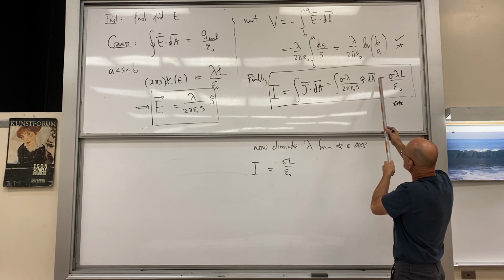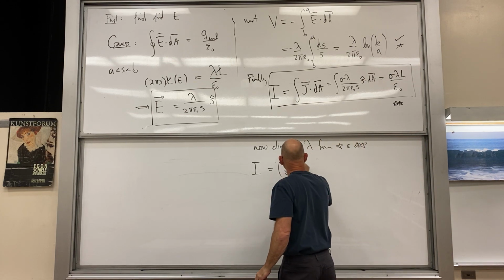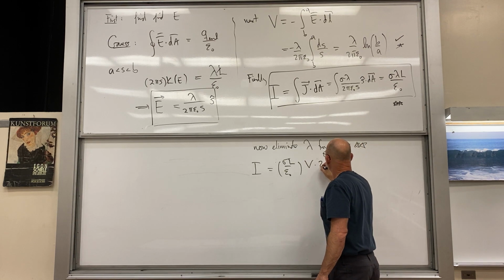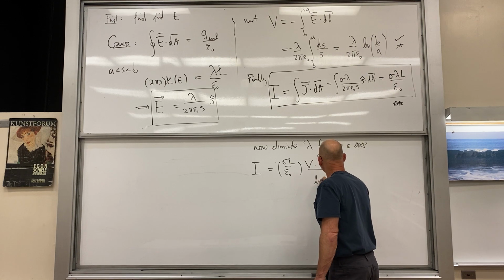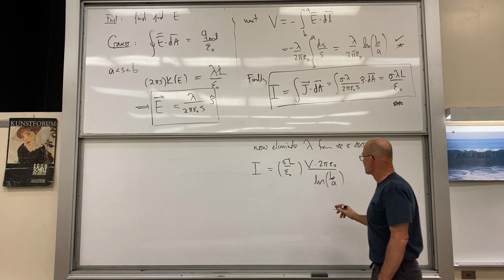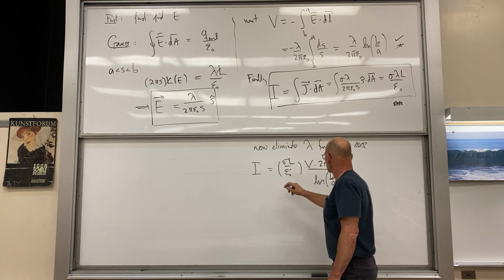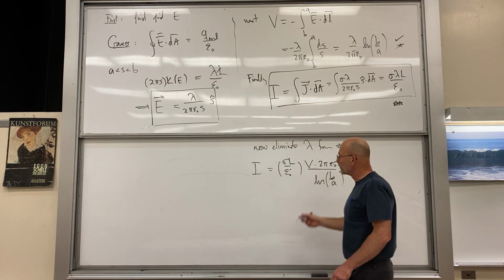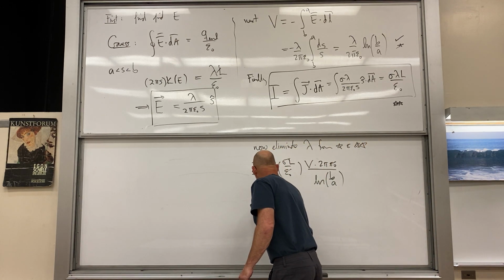We want to get the lambda from up here, which is V times 2 pi epsilon naught over natural log B over A. Good. And in fact, we're going to solve this for V. We'll put it in the Ohm's law form again.